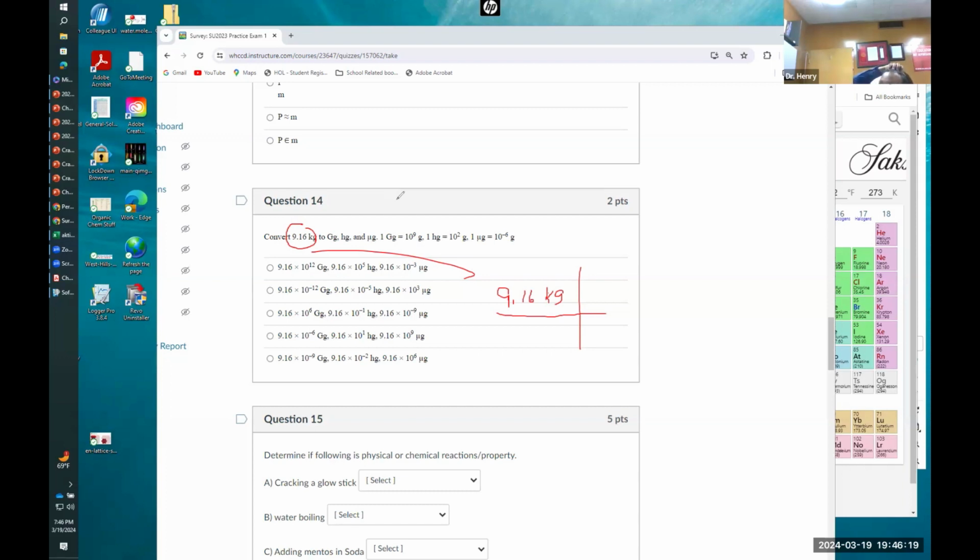Anybody know how many grams are equal to 1 kilogram? 10 to the third. Okay, so we know that 1 kilogram is equal to 10 to the third grams, or 1,000. So we'll say 1 kilogram on the bottom, 10 to the third grams on top. And all of these are converted in grams.